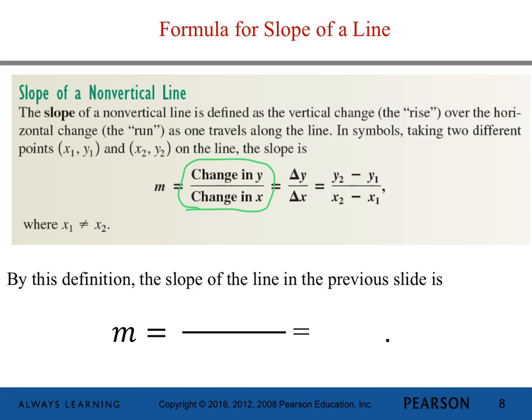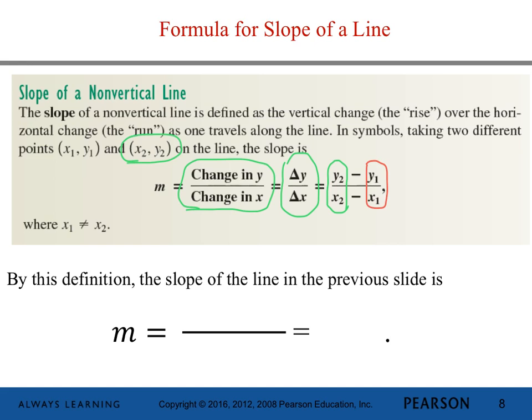Remember, y is always on top, or delta y over delta x. And that means that the coordinates of your points need to stay together, and the y value of those points needs to go on top.